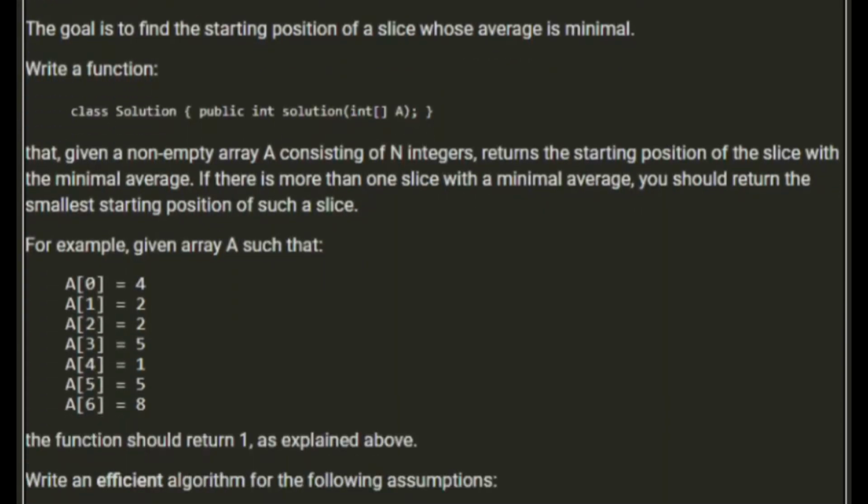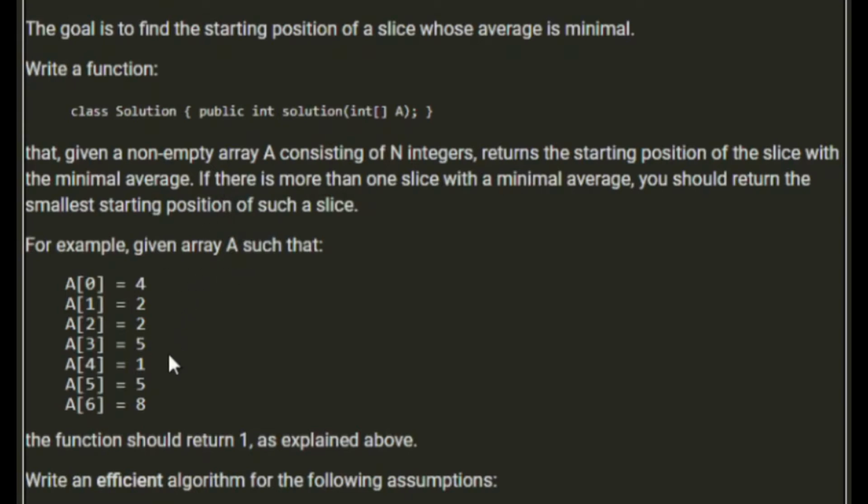The goal is to find the starting position of a slice whose average is minimal. Write a function that, given a non-empty array A consisting of n integers, returns the starting position of the slice with the minimal average. If there is more than one slice with a minimum average, you should return the smallest starting position.